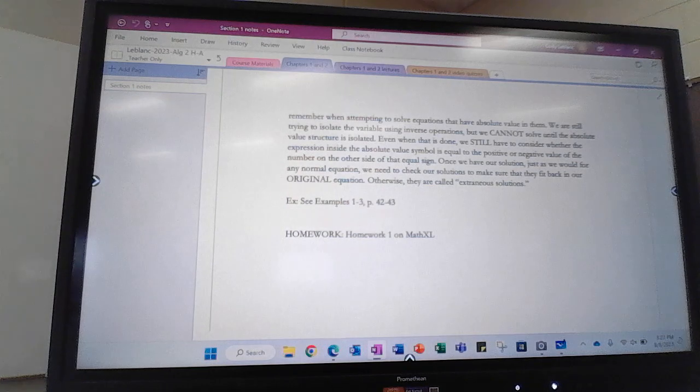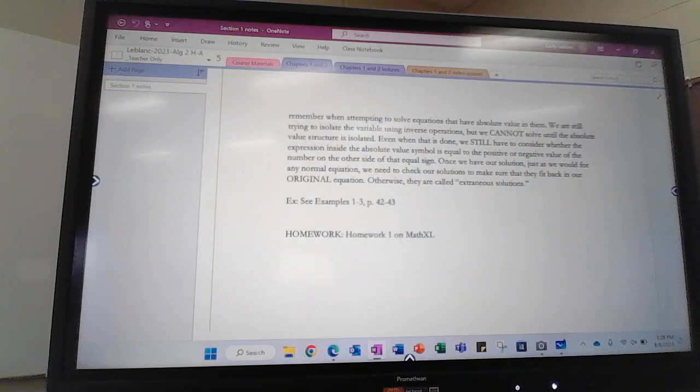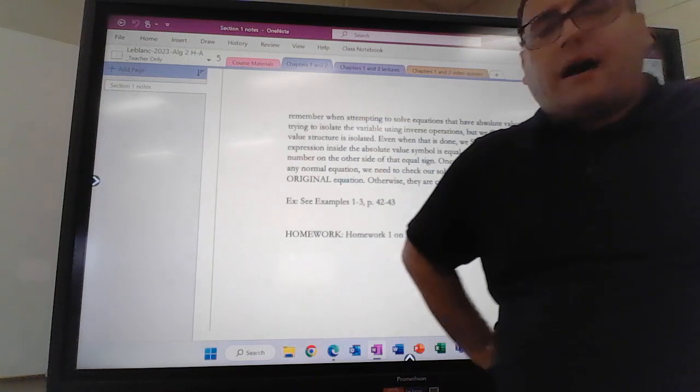So just like when we're solving an equation, we're trying to isolate variables. But we cannot isolate a variable if it's in an absolute value until we isolate the absolute value itself. Even when that's done, we still need to think about whether whatever's inside the absolute value is equal to the positive or negative value of that number on the other side of the equal sign.